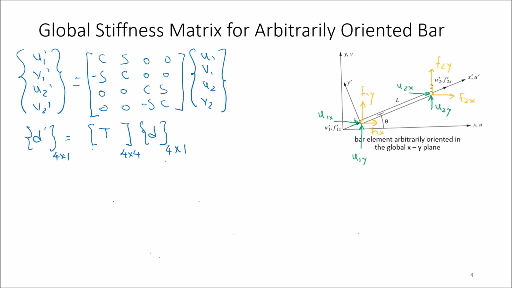Similarly, we can write f prime, a 4 by 1, equal to a transformation matrix that is 4 by 4 multiplied by f, which is a 4 by 1.